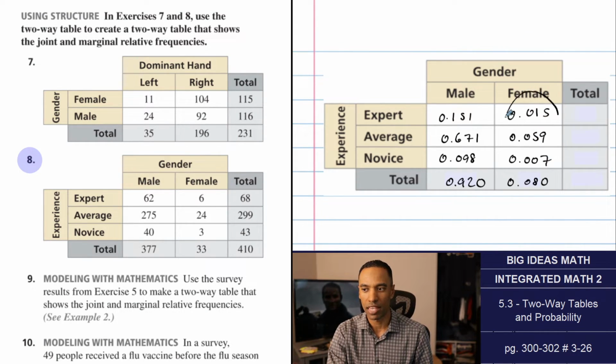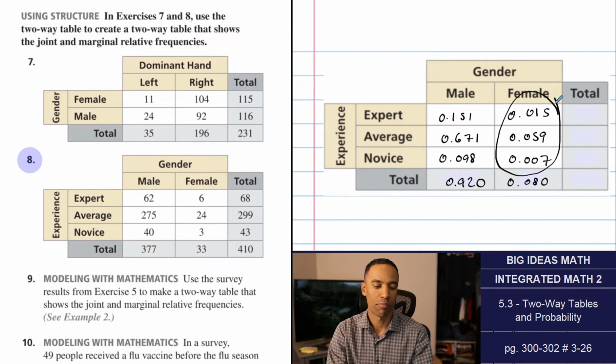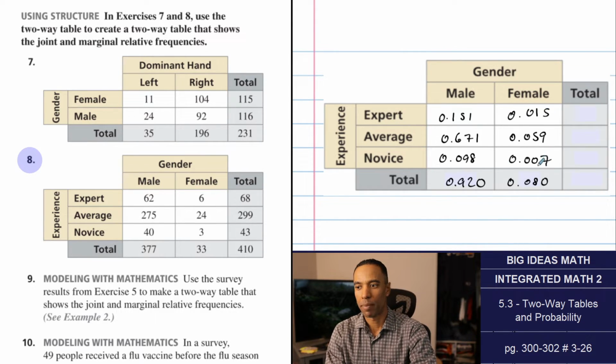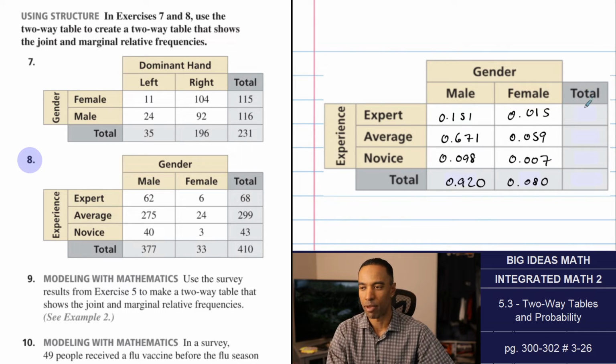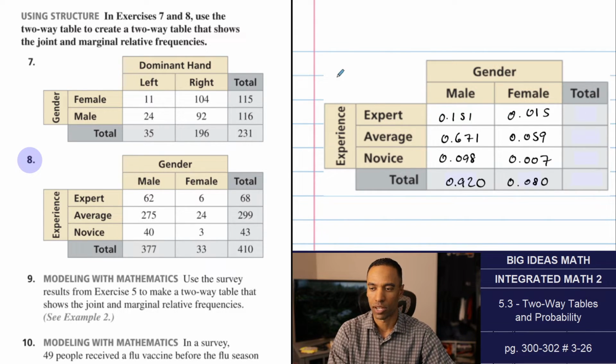I don't recommend that you add these ones up. I didn't before anyway, but I recommend you come up with the total and then divide by 410. That's why I'm also not going to do it here. Let's just add the totals. What's 62 plus 6? Oh, they already have the totals. 68 divided by 410 and 299 divided by 410. Because I feel like the book was preaching and asking you to add them instead of doing the division.